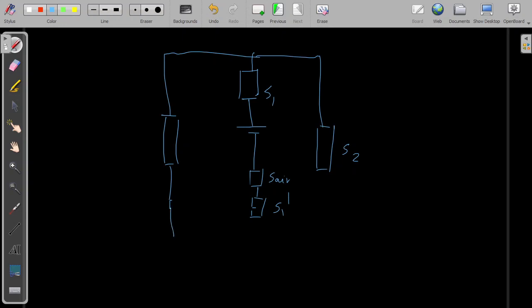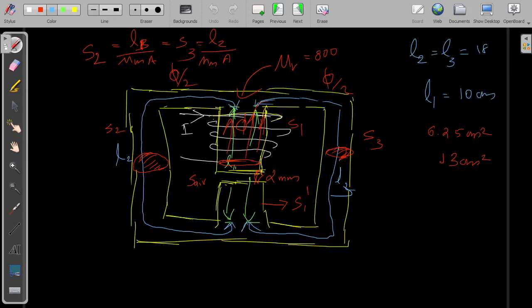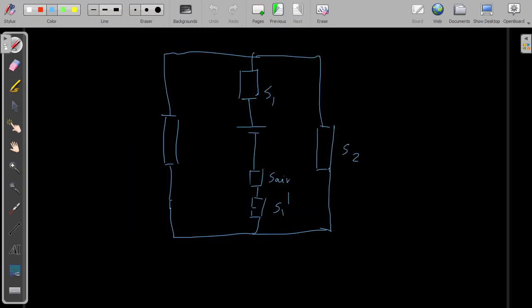So here it is S2 and here it is S3. This is our magnetic circuit model.